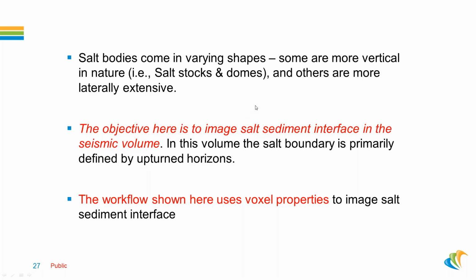The objective here is just to image the salt sediment interface in the seismic volume, and to do that, we will use some attributes, apply some quick techniques, and finally get this salt sediment interface. The workflow here is based on voxel properties.